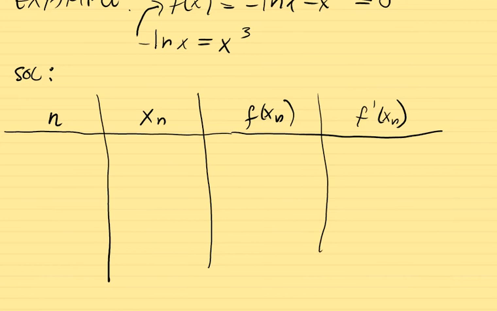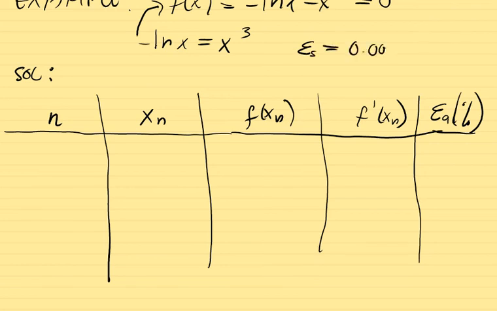We can also include the approximate error, the last part, epsilon a %. It can indicate our number of significant figures, or we can just put any value that we want. Let's say our pre-specified is 0.005%, meaning this is for significant figures.